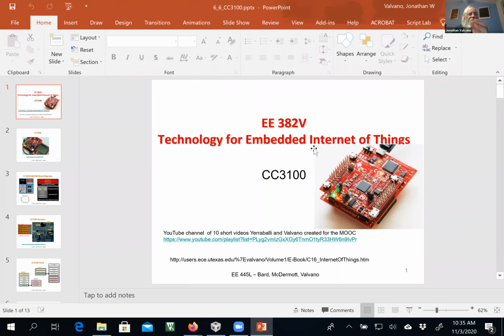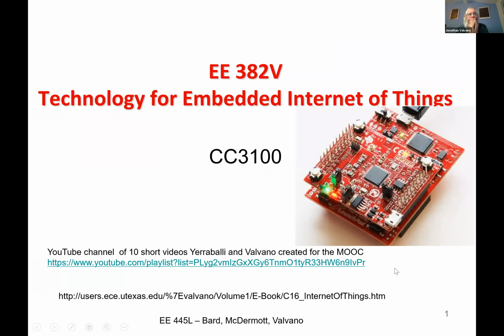I'm going to drill deeper into how the lab works here with the CC3100 booster pack on top of the MSP432. That's obviously a TM4C.